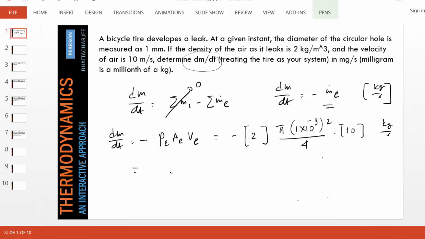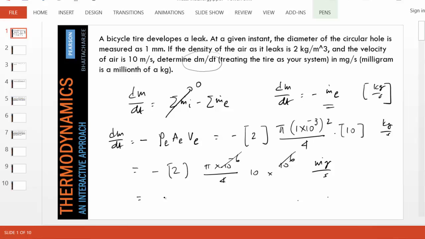We can simplify that: negative 2 pi into 10 to the minus 6 over 4, times 10, and kg to milligram. Kilo means 10 to the 3, and gram to milligram is another 10 to the 3, so it will be 10 to the 6 milligram per second. See if it makes sense. So 10 to the 6 gets cancelled.